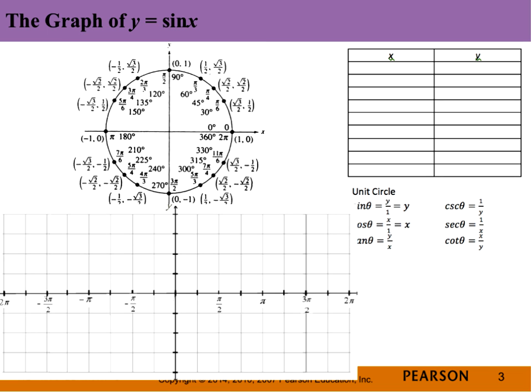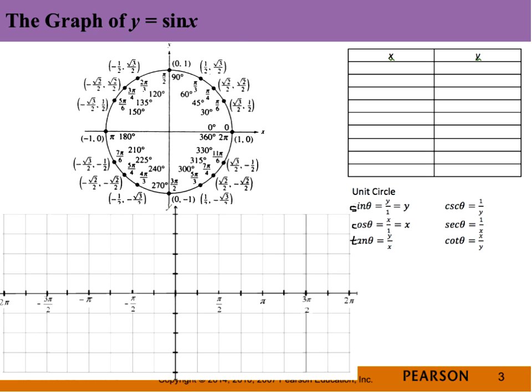I also put, it looks like I covered it with the graph, but this is sine, cosine, and tangent there. When we're dealing with the unit circle that has a radius of 1, I put what sine theta, cosine theta, tangent theta, and so on are equal to in regards to the points on the circle. So let's go ahead and get started.